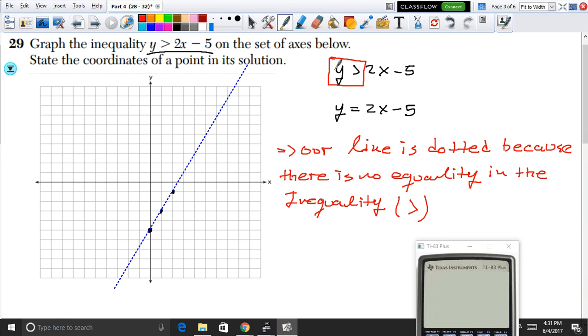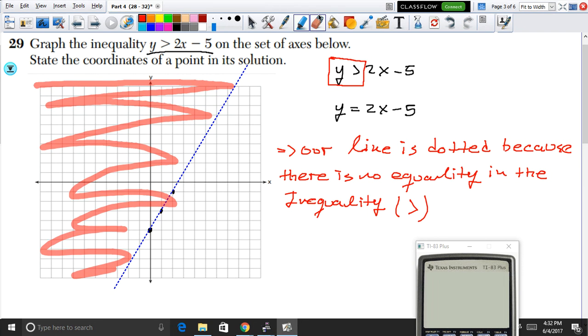Here it says I want all those y's which are greater. So if we look at our graph here, notice that all those y values, so this is the y-axis, all the y values, you're going to find them up and down. Notice that in the left side of this line, all the y values are going to be greater. So that means that we're going to be shading the left side.